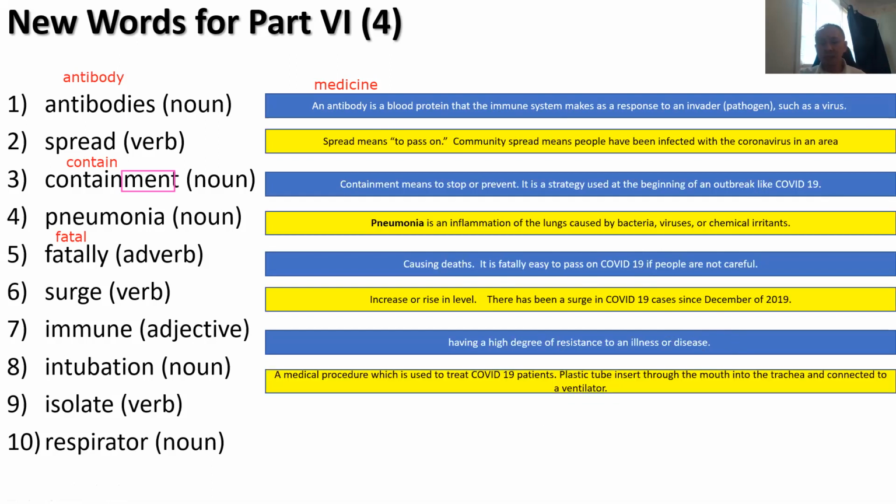Intubation. Basically, intubation is a medical procedure. This is when a doctor goes inside your mouth and puts a tube like this inside your mouth so you can breathe, and the machine is connected to a ventilator. So you use both parts with the machine to help you breathe.